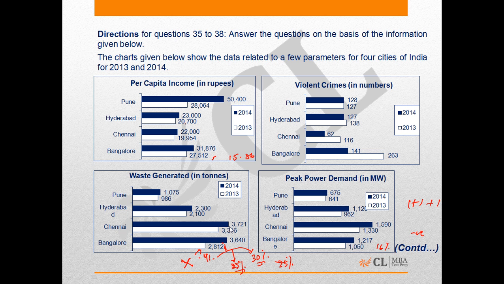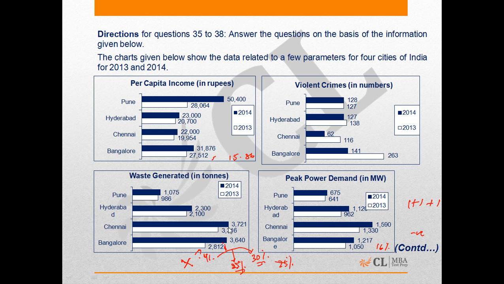So population increase will certainly be less than whatever percentage increase is in waste generated. Therefore we do not need to do this calculation for other states, because waste generated for them in 2014 compared to 2013 did not witness even an increase of 20%.